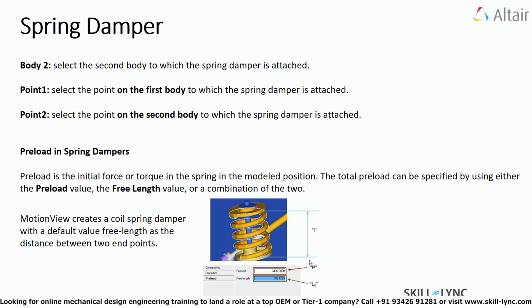MotionView creates a coil spring damper with a default free length as the distance between the two endpoints that you've specified while creating your spring damper entity. You'll understand this in more detail when we do the exercise for this chapter.